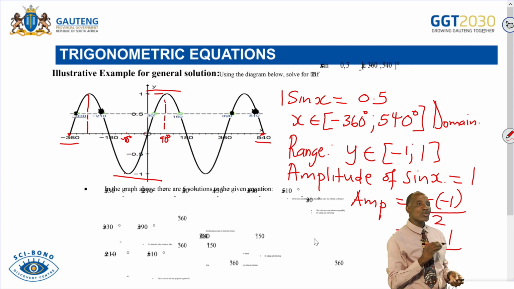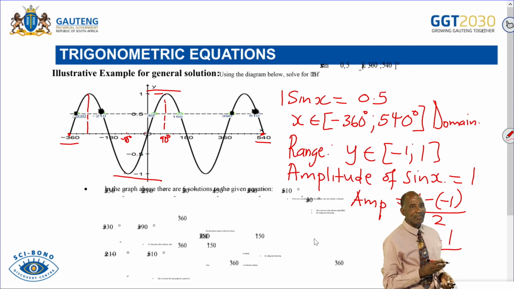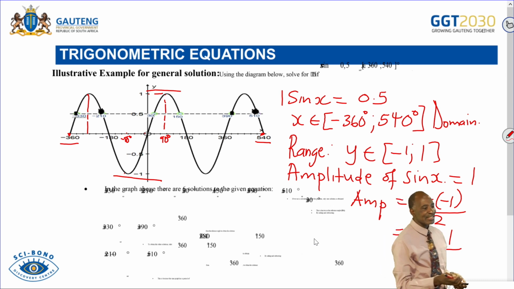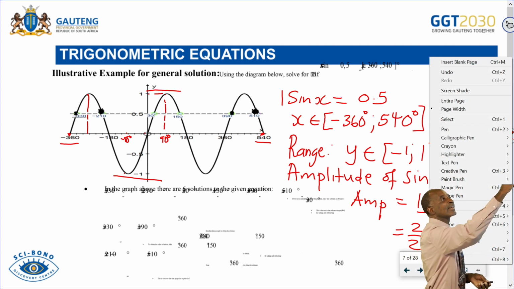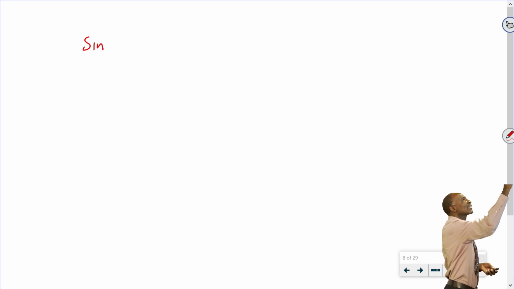So what then do we mean by sine x is equal to half? Yes, we are comparing two graphs here. What we are saying is that we want to compare these two graphs and see what happens. We are given that sine of x is equal to 0,5.